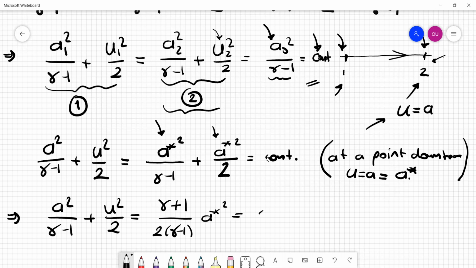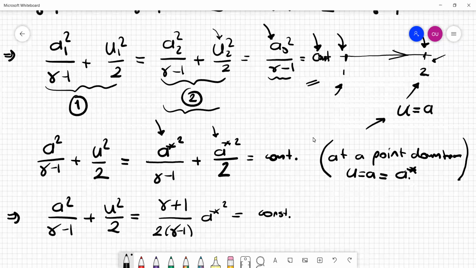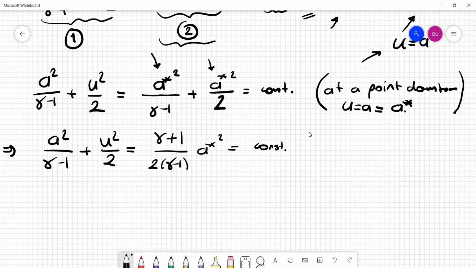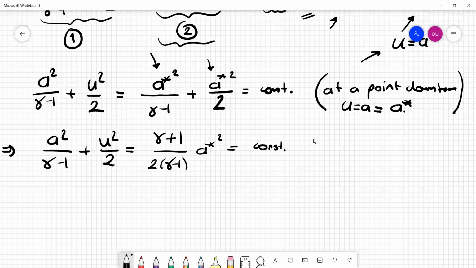So this must be a constant. Also maybe we can write the other equation that we had before. This is also equal to a0 square over gamma minus 1.